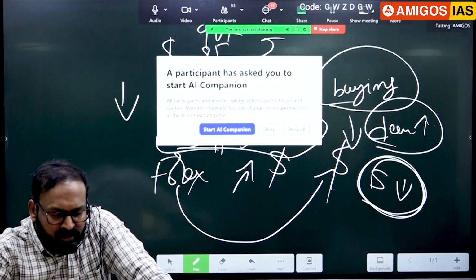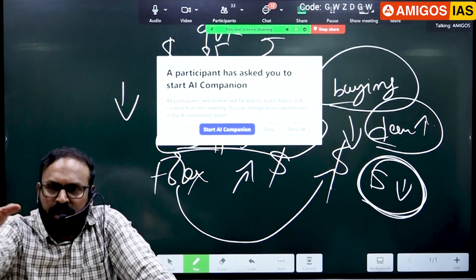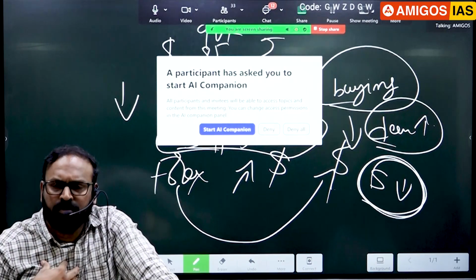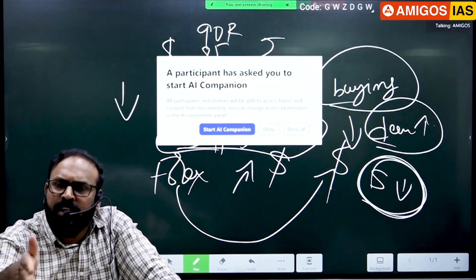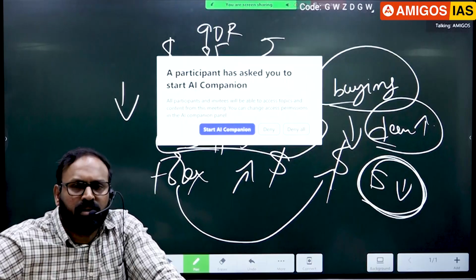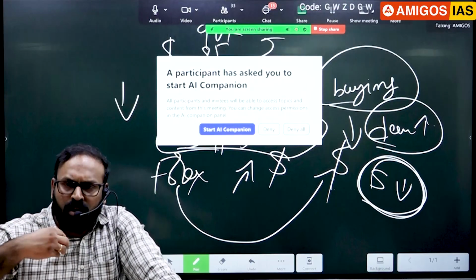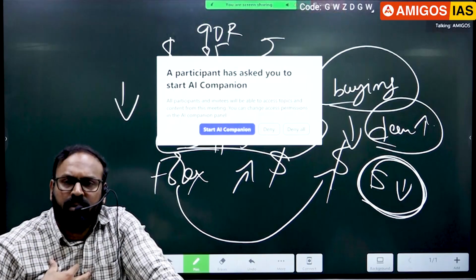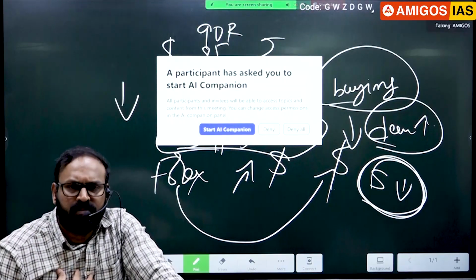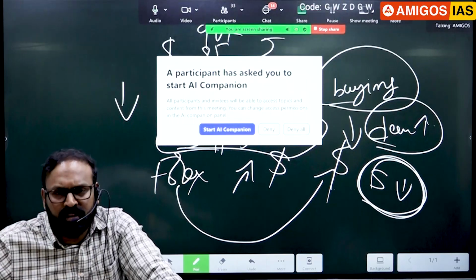RBI will be induced to buy dollars. RBI is buying dollars from people like me and giving me what? Indian rupees. And where do those Indian rupees go? The market. So when I'm bringing dollars from America, RBI will buy dollars from me and in return gives me rupees. And then with that rupees, I invest in an Indian company.